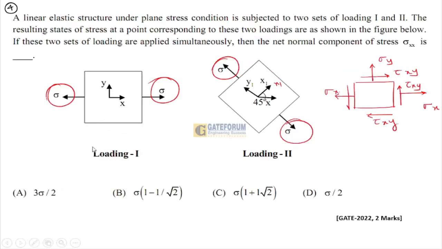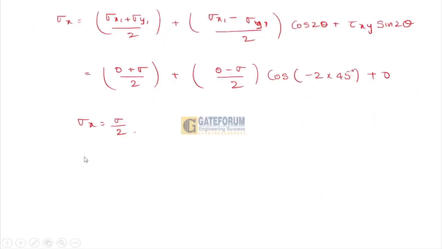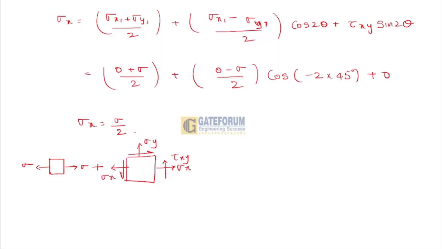Now for the second loading, if I draw an FBD, sigma, x direction, tau xy, y, sigma x, sigma y.